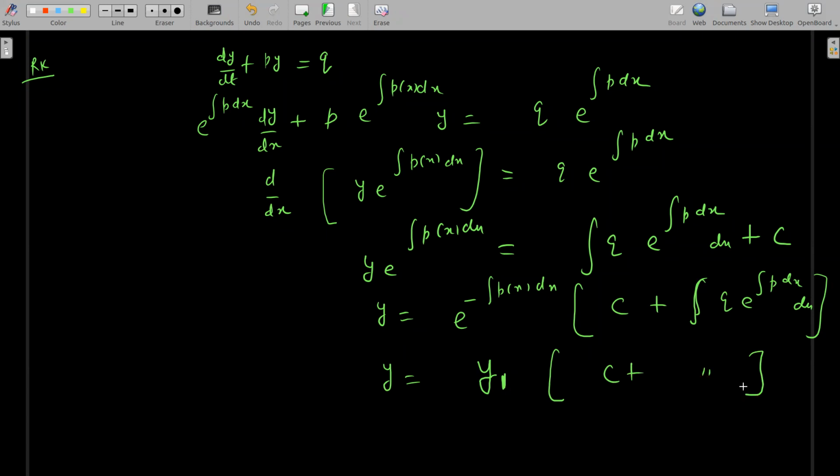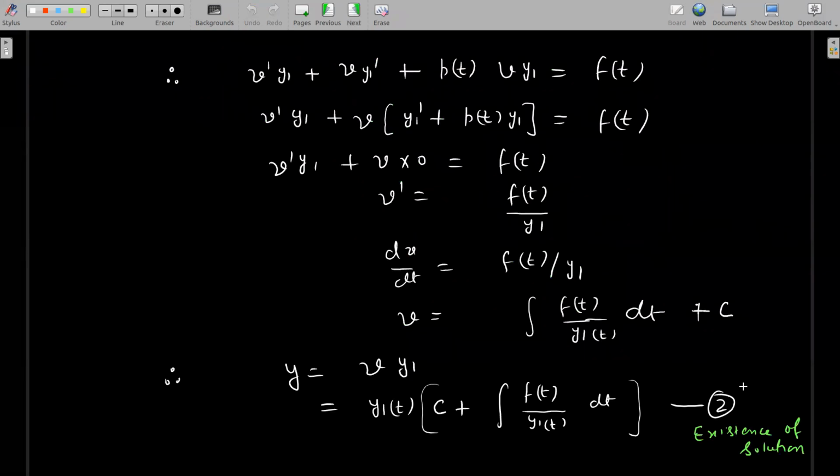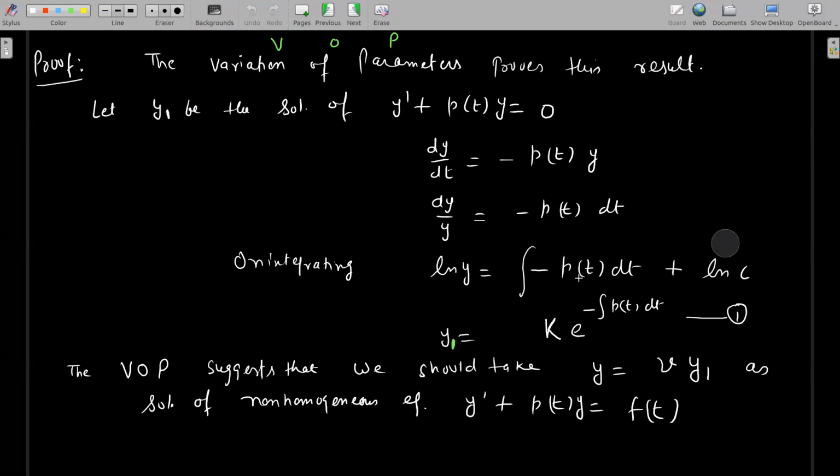You can check e power minus integral p, I am writing x as t. You can check here, e power minus this was the one particular solution of the homogeneous equation.